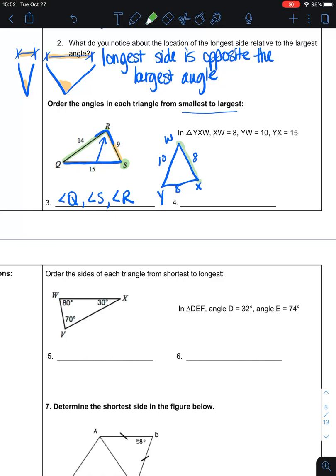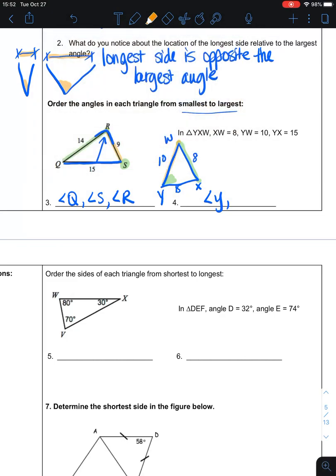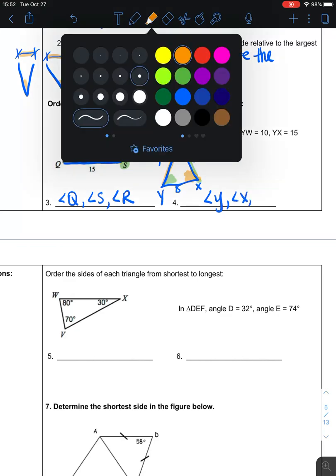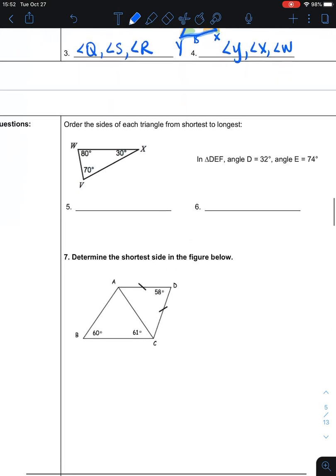This is much easier to look at because now I can see that my smallest side is 8, which means that my smallest angle is angle Y. Then my medium length is 10, which means my medium angle is X. And then my longest side is 15, and it is opposite my biggest angle, which is angle W.